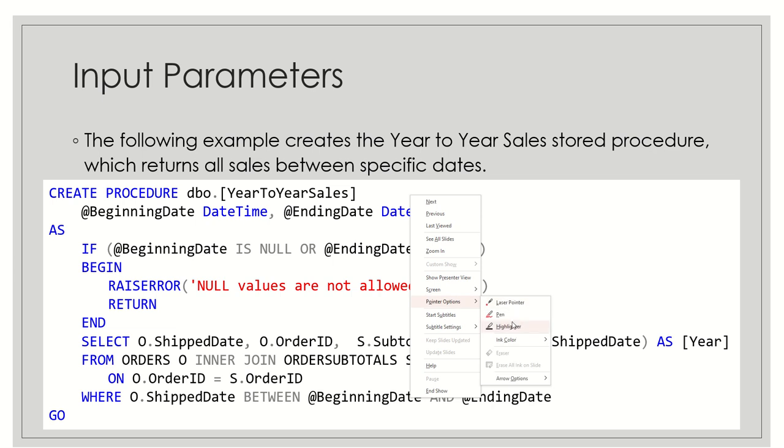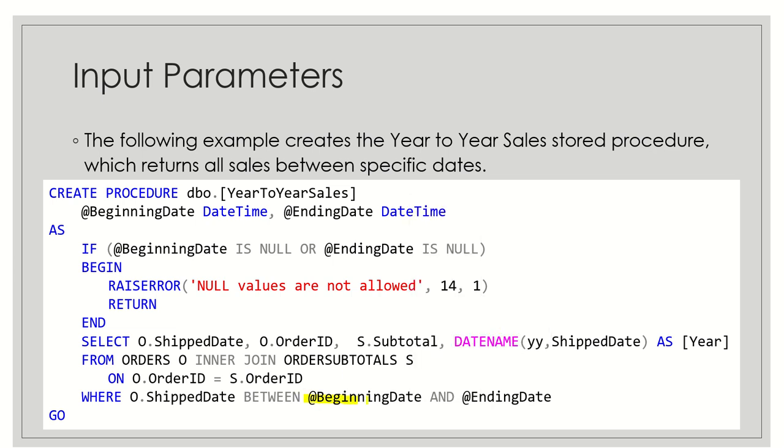Let me just get my highlighter out. This one and that one. So the parameters change how the procedure runs. You know, if you have a beginning date of April 1st, 1990 and an ending date of March 31st, 1991, then that's going to give you a different output than if your beginning date was January 30th, 2003 and your ending date was February 28th, 2004.